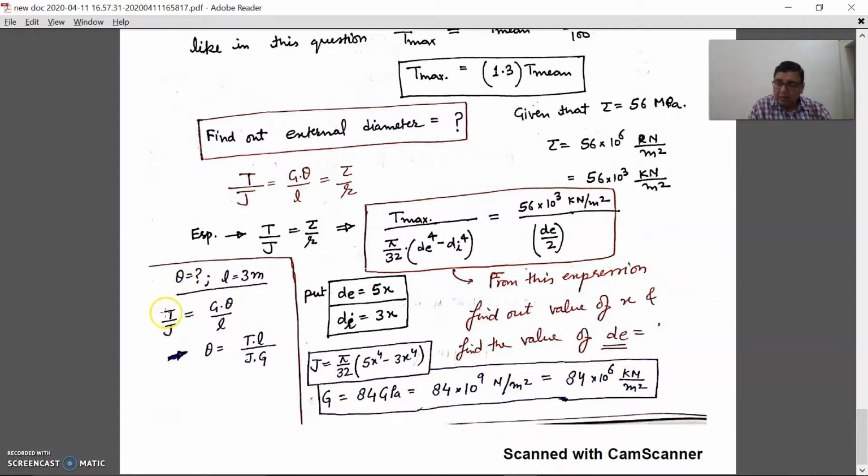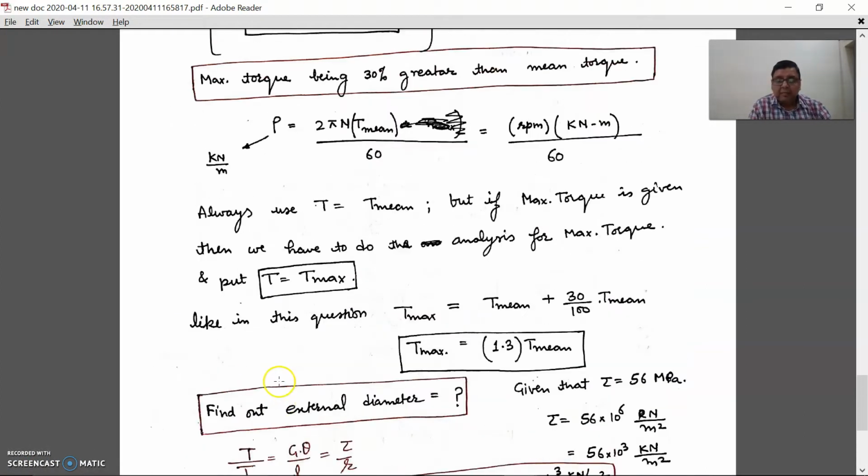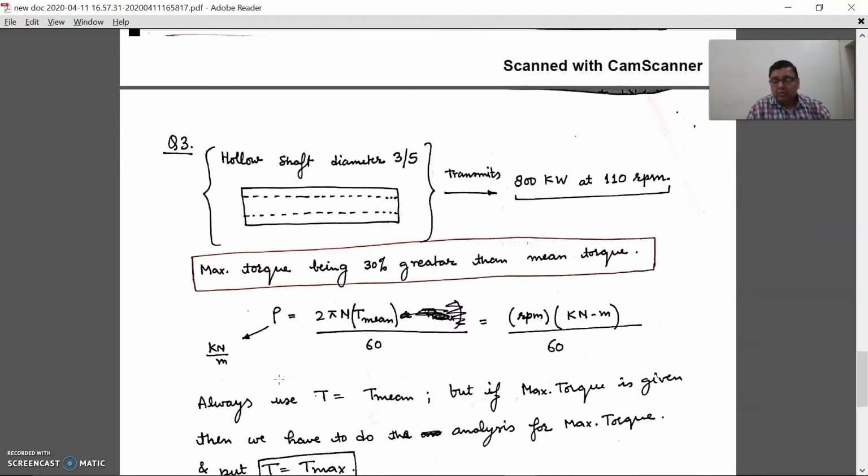Then we can apply T by J is equal to G into theta by L, or theta is equal to T into L divided by J into G, and we'll get theta in radian, right?